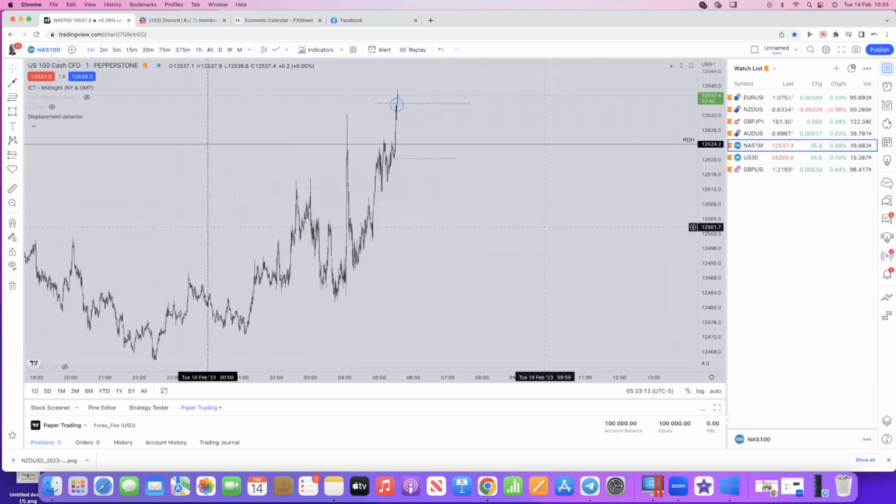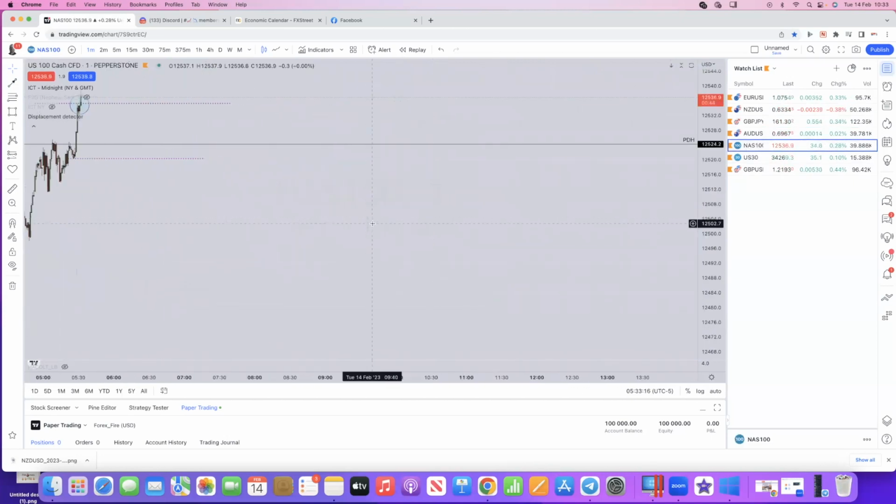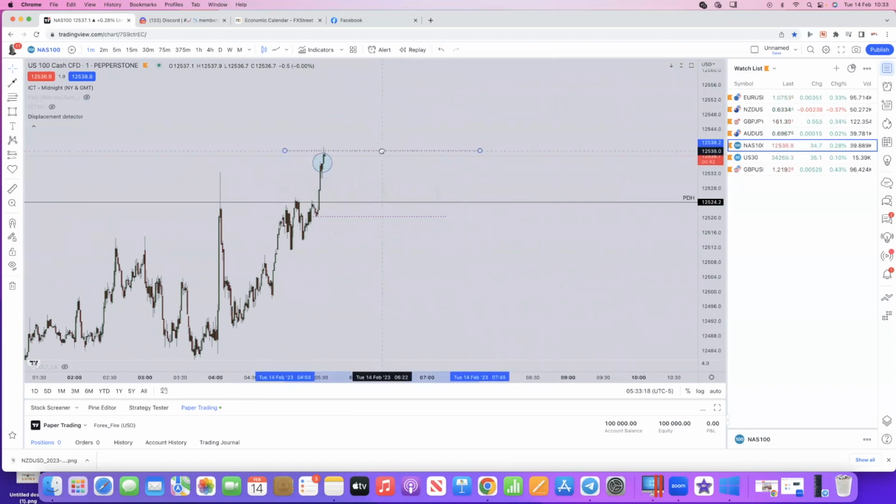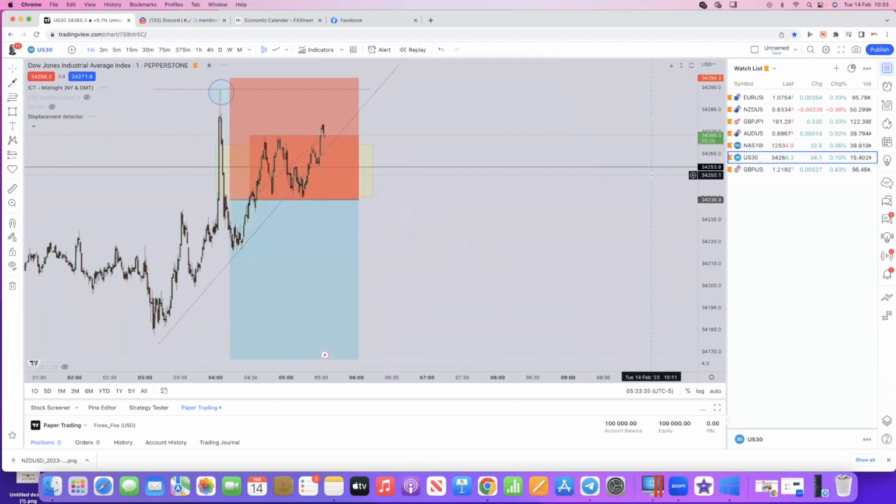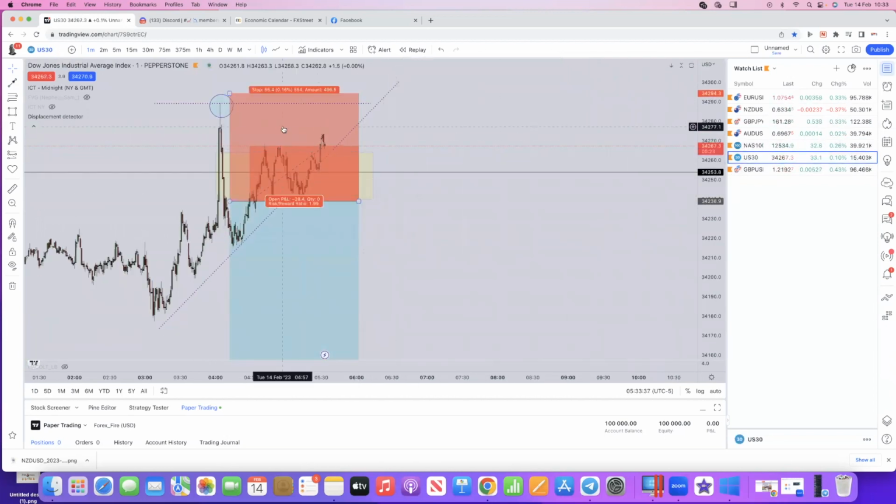The NAS 100, as you can see, it has pushed again. It's creating those high points. I could put the liquidity area here, in fairness. I really want to see the displacement come through the previous daily low, to be fair. I will keep an eye on that. The US 30, hopefully the structure high will hold.